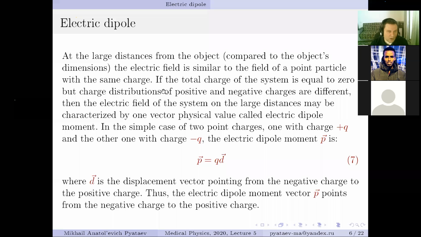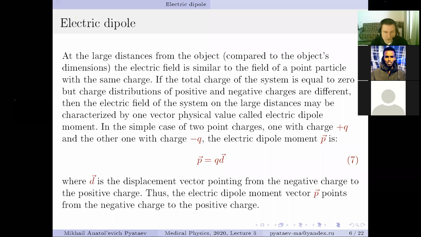And it means the fields produced by any system at long distances can be found by the equations for point particles. But if the total charge of the system is equal to 0, then we would have 0 electric field at long distances. And it is not always true.